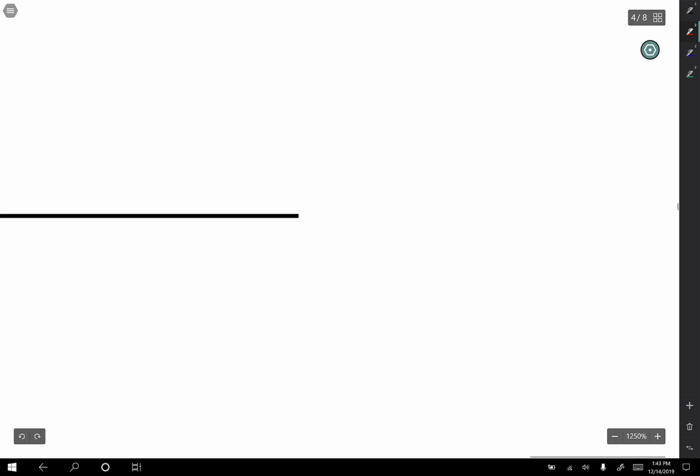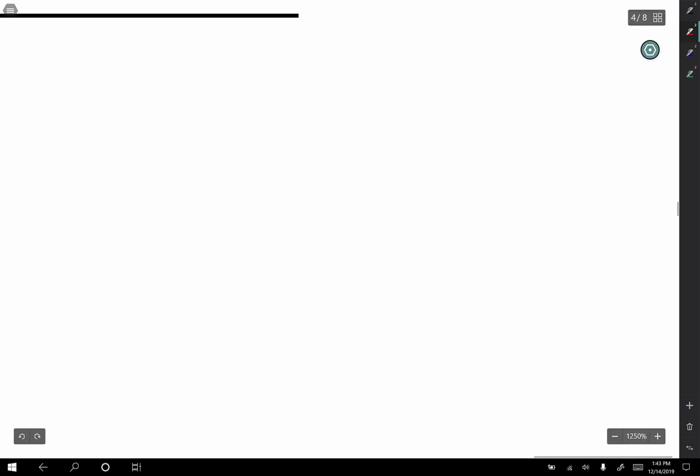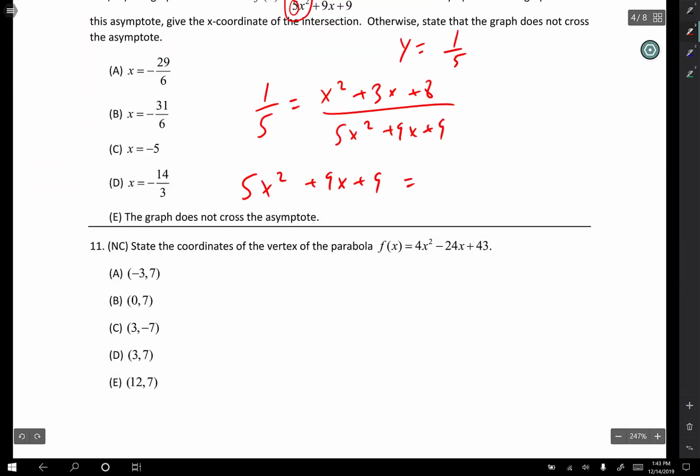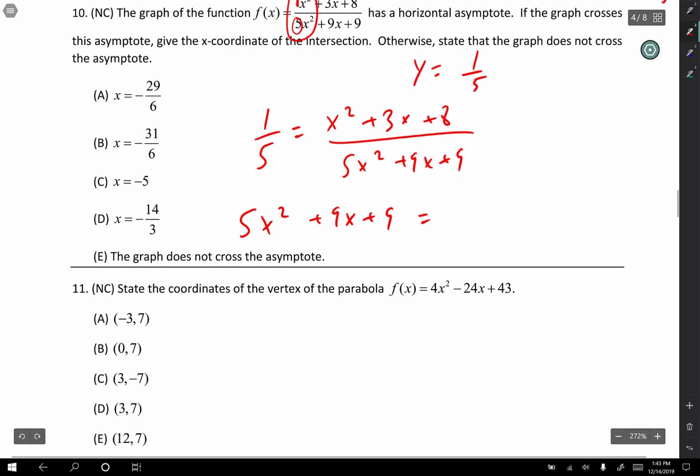I don't know why, but can I get back to normal here? All right, here we go. 5 times x squared, that's 5x squared. 5 times 3, that's 15x. And then 5 times 8, that is 40.